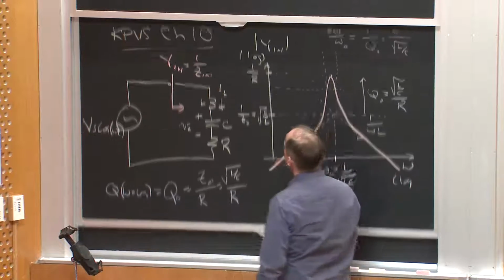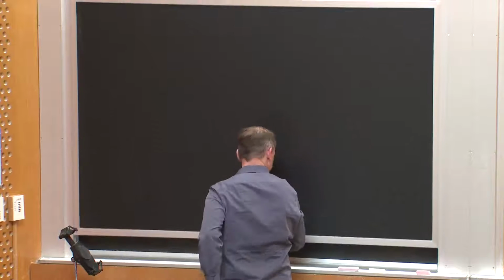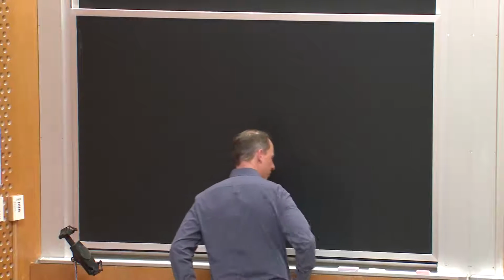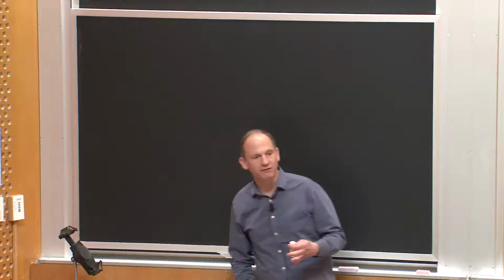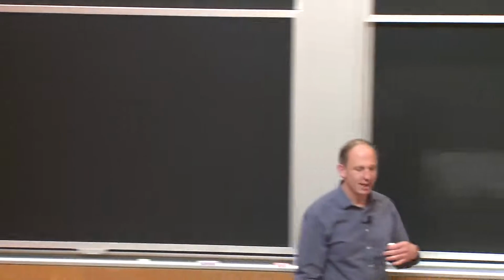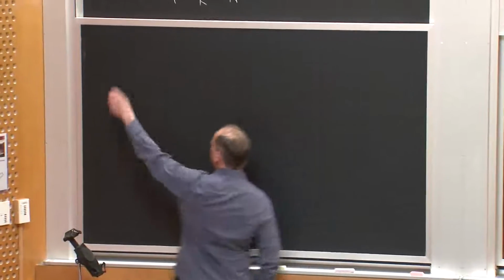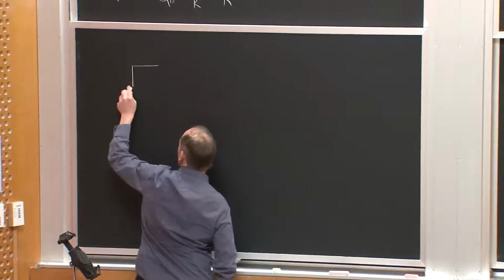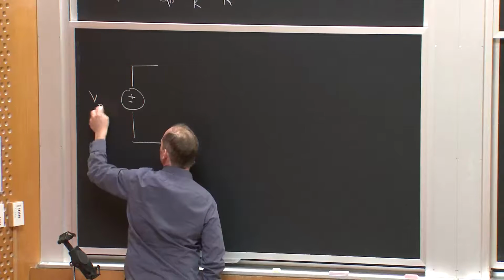So maybe what I would do, and this could either be called a half-bridge inverter, resonant inverter, series resonant inverter. Somebody in the RF field might call it a Class D power amplifier. That's another term that gets used. But it could look like this. Maybe I'll have some voltage VDC.